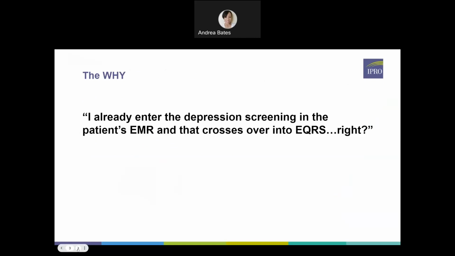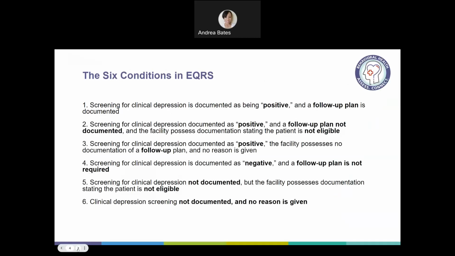Well, it does, but there are some things and some different conditions I want to make sure every facility level social worker knows, just so they realize what they're putting into the patient's EMR and how it could affect things once it's batched over. So there are 6 different conditions in EQRS. Note the bolded words in these definitions, and you may see them come up later.